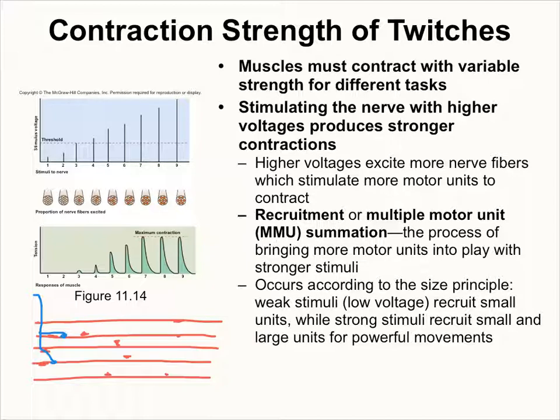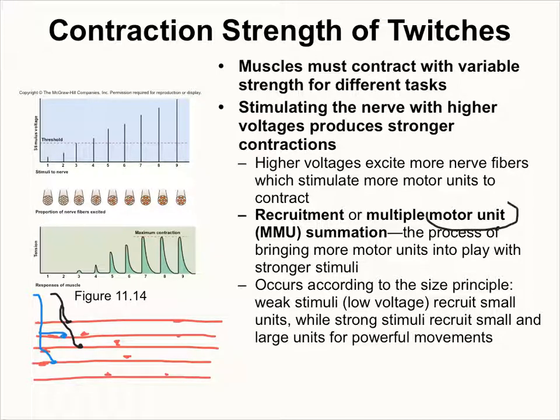And then you might have a different nerve that comes down and has an axon termini right here and here. And so in this little representation that we have here, we have two motor units.